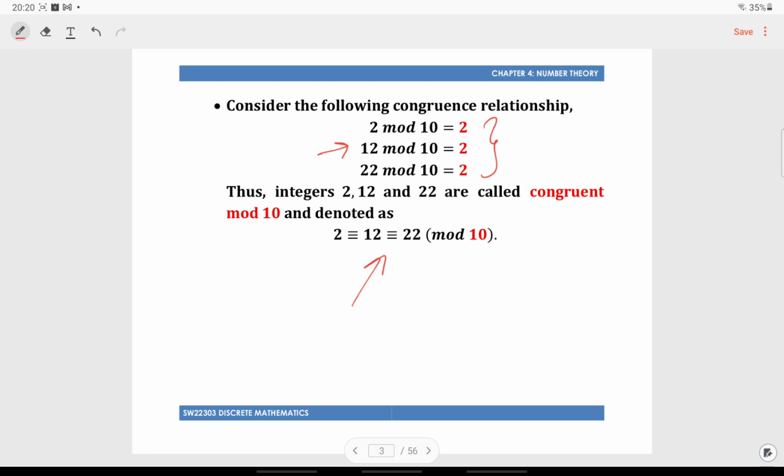They look similar, but actually we are looking for different things. For the integers 2, 12, and 22, these three numbers are congruent modulo 10, because when we reduce these three numbers using the same modulus 10, the outcomes are the same, equal to 2. So these three numbers, 2, 12, and 22, are congruent modulo 10.